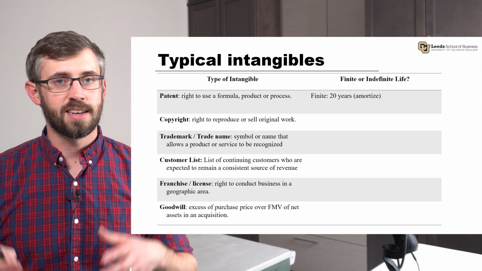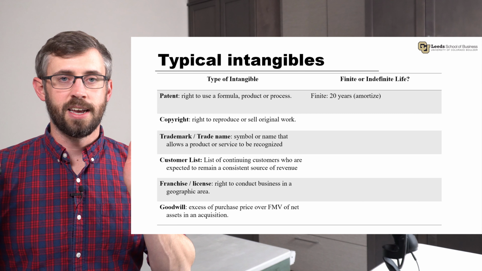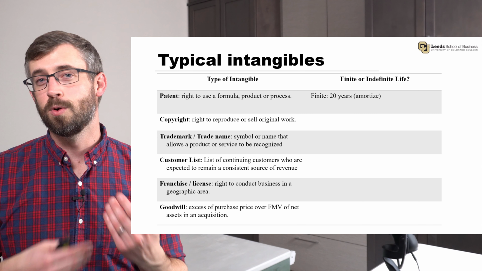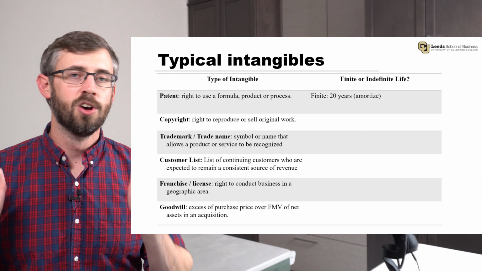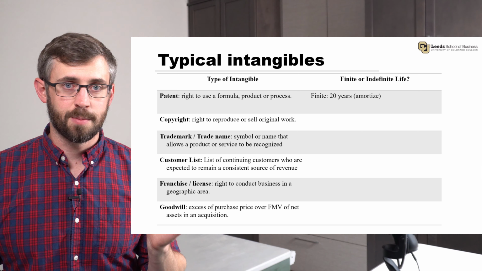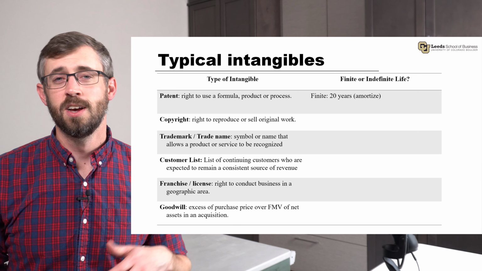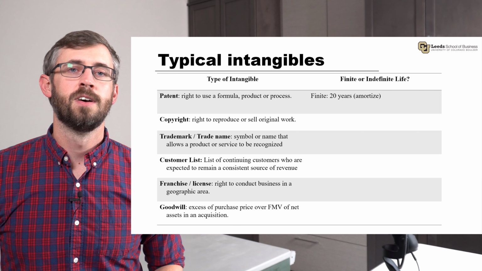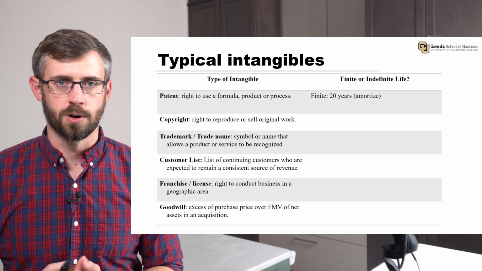Because it is a finite 20-year period of exclusivity, it'll be a finite-lived asset, and we will amortize the cost of our patents into our income statement as an expense over that probably 20-year period. Now, if we expect the patent to not have any use after 5 years or 10 years or 12 years, we may shorten the life. But otherwise, the default would be to say, hey, we expect value out of this for 20 years.